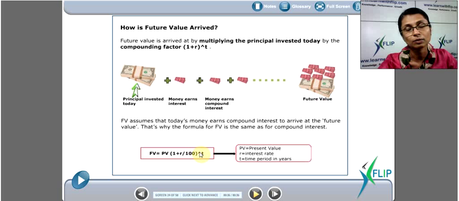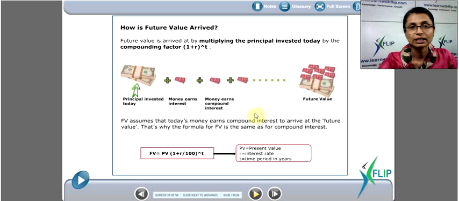You realize that by the frequency of compounding. If the compounding is happening annually or 6 monthly or quarterly, you need to adjust your R and T accordingly and make sure, I'm repeating this, that your R and T are in the same units. If T is in quarters, R is a quarterly rate. If T is in 6 months, then R is a 6 monthly rate, and so on.